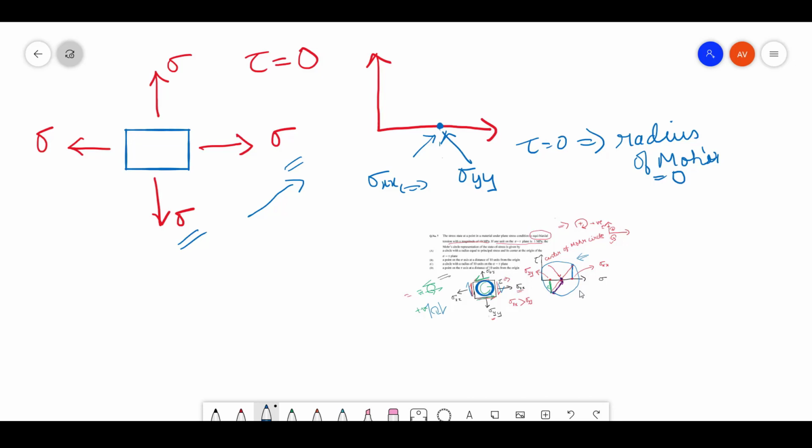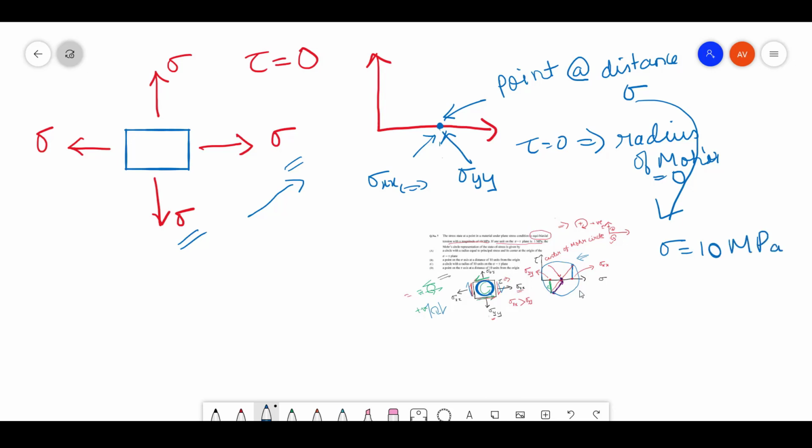So therefore, what is my final answer? My final answer is actually a point at some distance sigma. Now, what is my given sigma actually? My sigma is given to be 10 MPa.